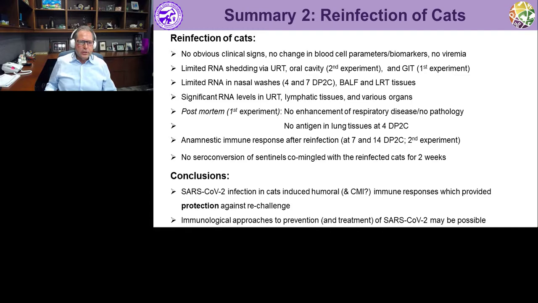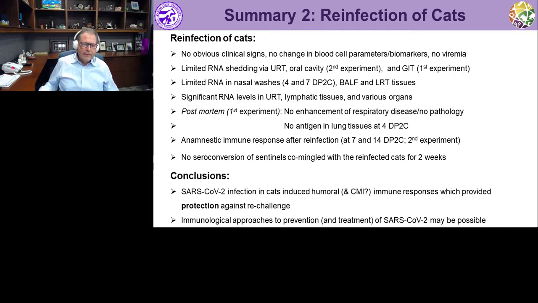So this summarizes the second part of my talk. After reinfection of primary infected cats, we could not see obvious clinical signs and no viremia, no change in blood cell parameters. We had limited RNA shedding, especially via the upper respiratory tract in the nasal cavities, but also in the oral cavities, especially in the second experiment I didn't have time to show, and in the GI tract. We had limited RNA in nasal washes and in the BALF and in the lower respiratory tract tissues.